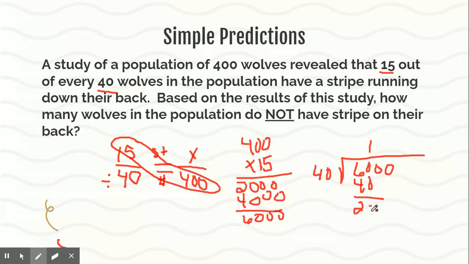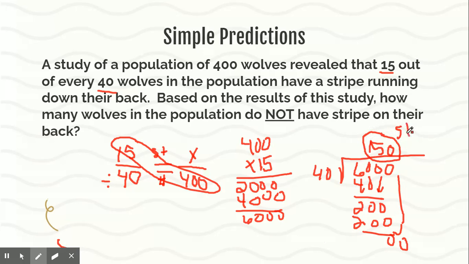That would be 20. Bring down the 0. That's 200. 40 goes into 200 5 times because 40 times 5 is 200. Okay, 0, 0. So 150 have the stripe.